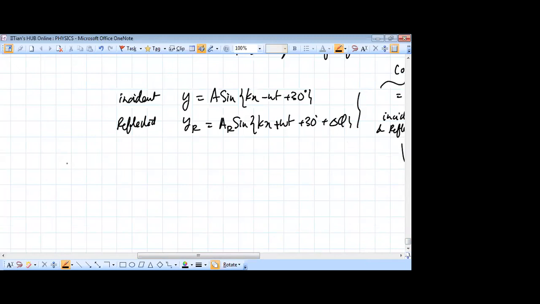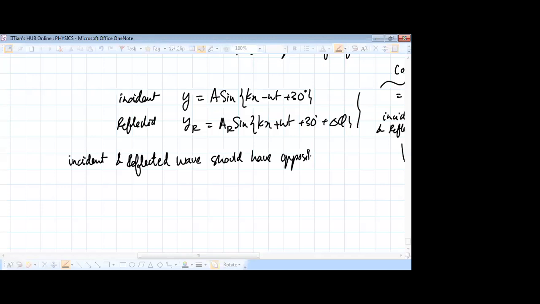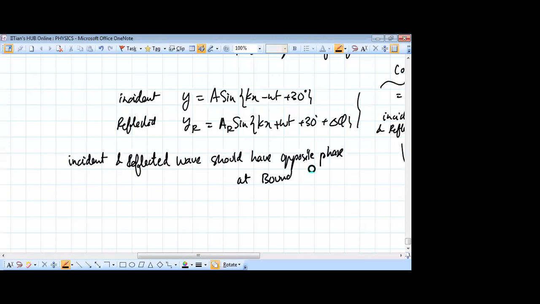So what should happen? The incident wave and the reflected wave should have opposite phase at the boundary, because it's a rigid boundary.